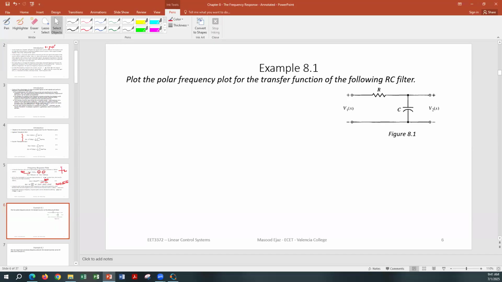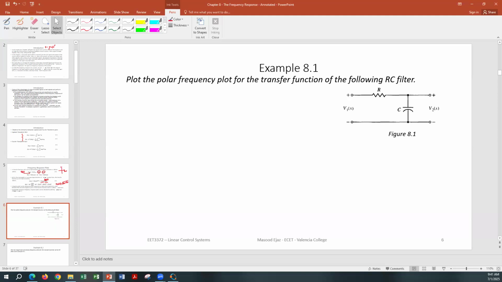So at low frequencies output is high, at high frequencies output is low, and that's how you can determine that it's a low pass filter. If you switch the capacitor and resistor positions, capacitor in place of resistor, resistor in place of capacitor, then apply the same logic: 1 over omega c, with c in place of the resistor.